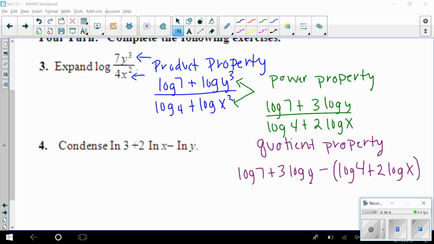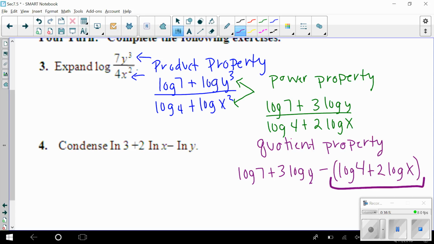Now with the quotient property, no matter which order you did this in, you're taking log of 7 plus 3 times log of y minus this entire quantity. You're not just subtracting the log of 4, you're subtracting the sum of the log of 4 plus 2 times the log of x.